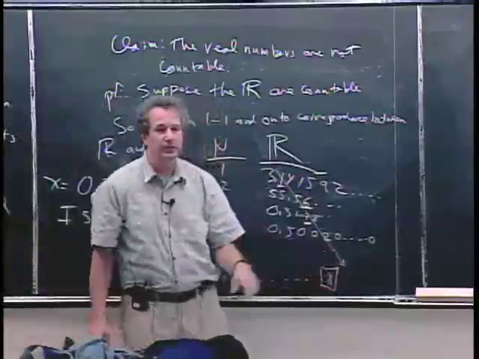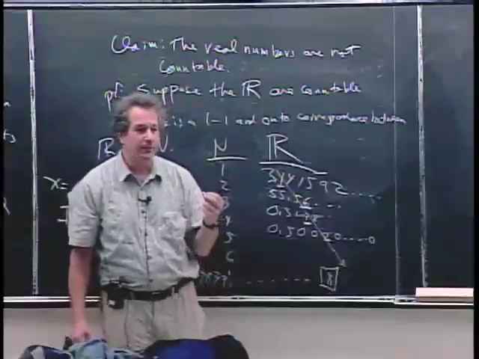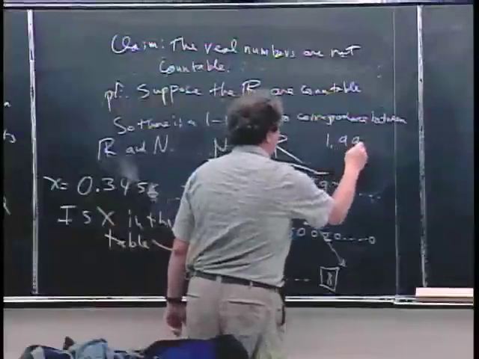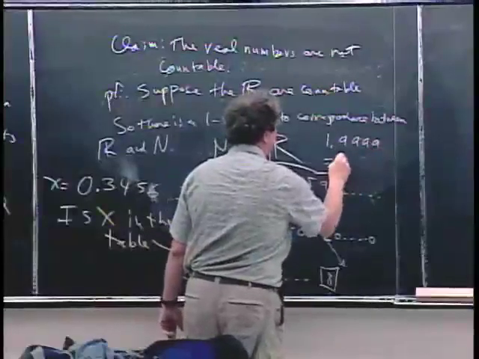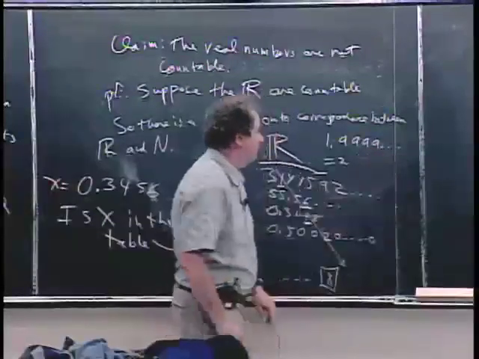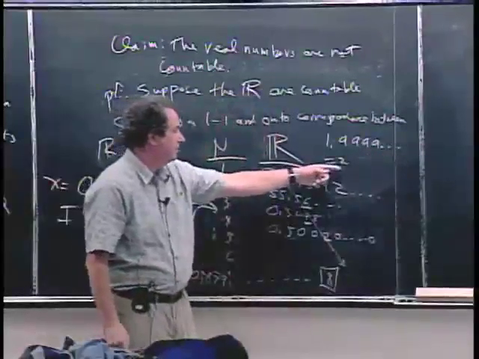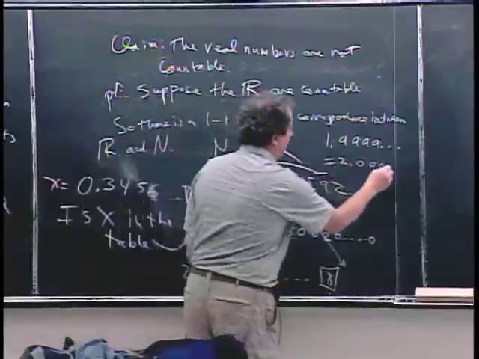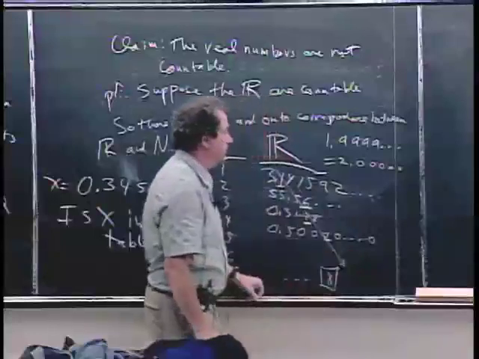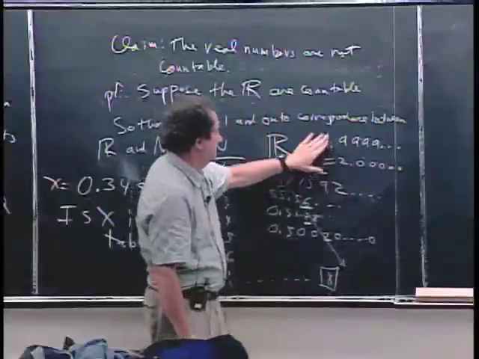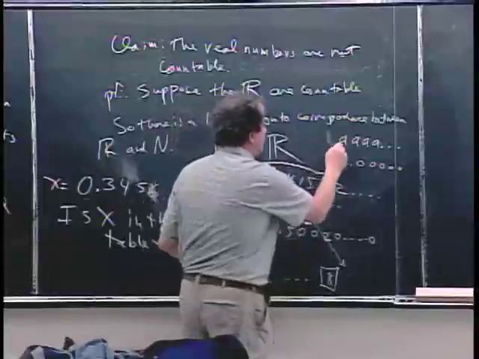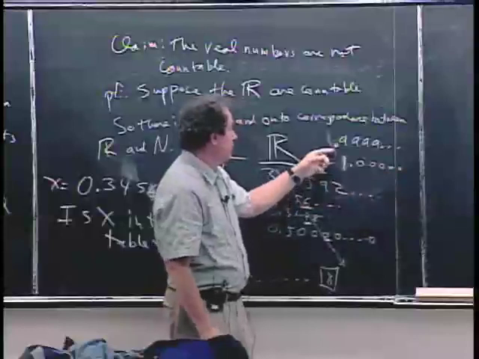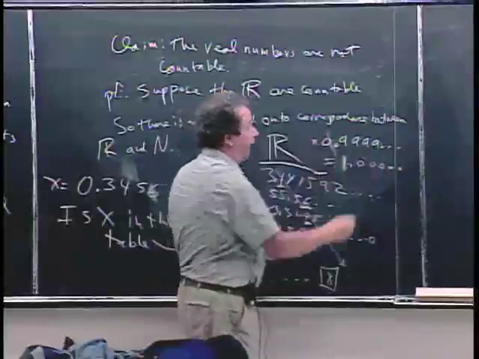And for technical reasons, I'm going to avoid 0, 1, and 9. That's just because 1.99999 and so on forever is equal to 2. Kind of an annoyance. Suppose you had 1 in the table, and you made x equal to that.